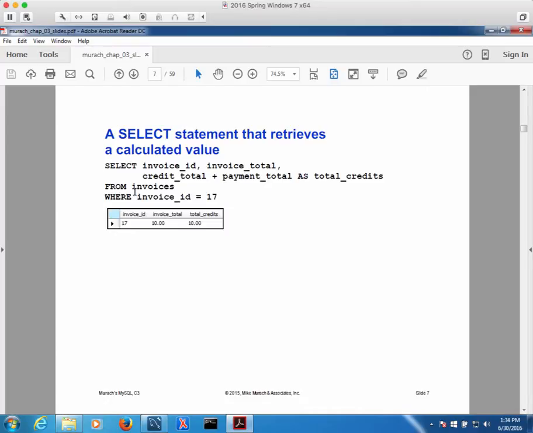And we say from invoices, and now we have a where. The where allows us to limit the rows that we're going to get. This is pretty helpful because of the following thing. We would like the database management system, the server in particular, to do all the work.